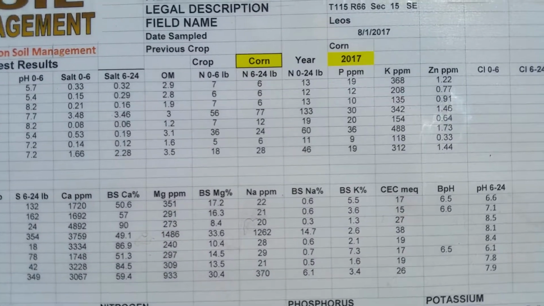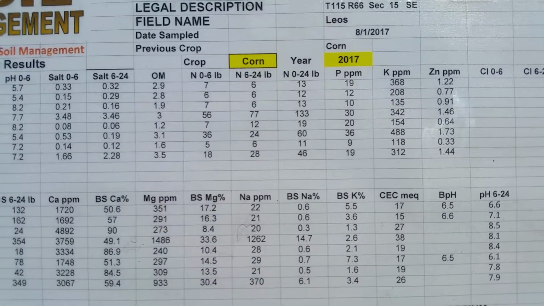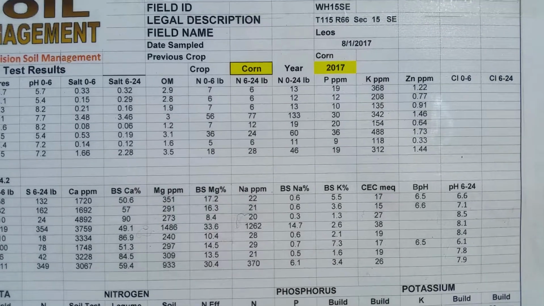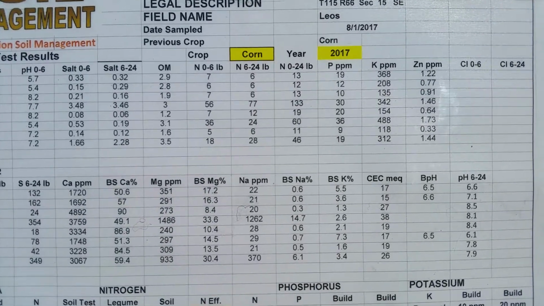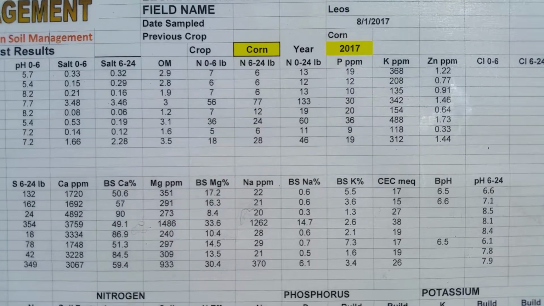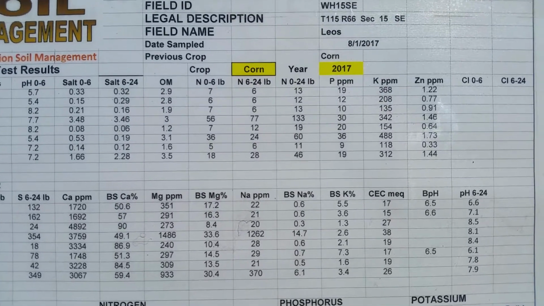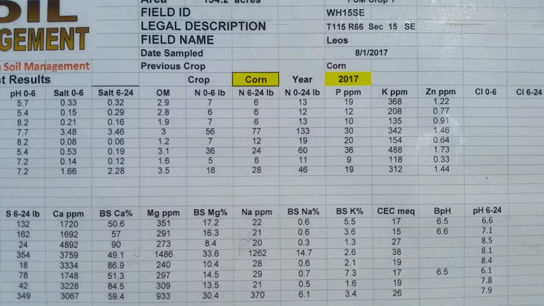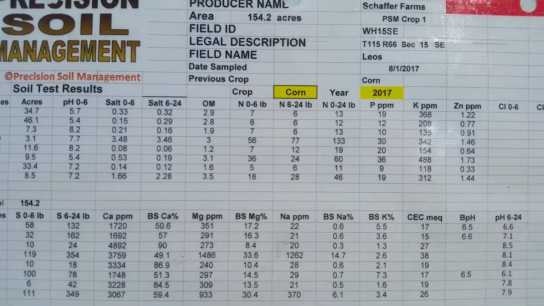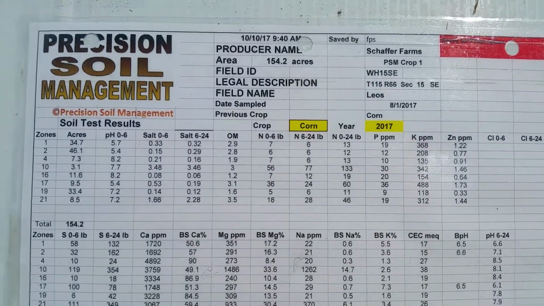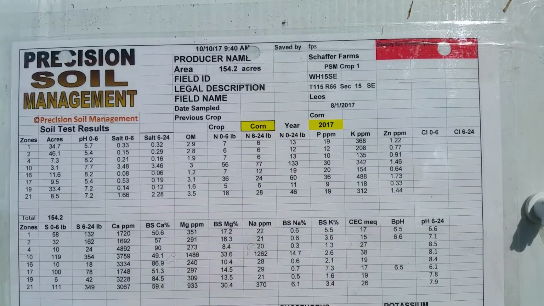Potassium, the sand is the lowest at 118. The eroded knobs, them zone 4s, 135. The gravel, 154. None of that is a surprise. A lot of it's based on organic matter and how the land has been abused prior to this, or actually what the land is, the soil is.